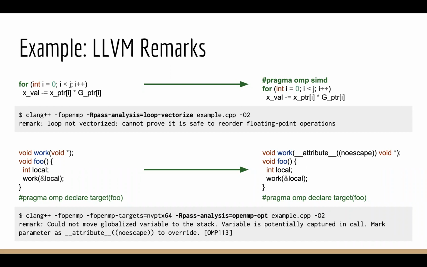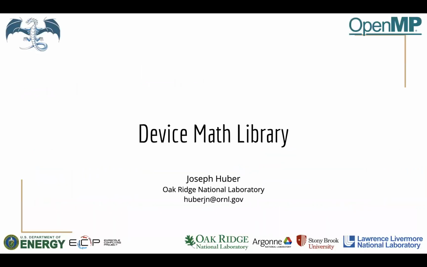So whereas this variable should be in thread private memory, because we have a call to a function that we can't analyze, we just assume that we can't do that deglobalization optimization I mentioned previously. But if you enable the RPass analysis, it will give you a warning on this saying that it couldn't do this transformation, and it will tell you to use the no escape attribute, and then you can do that and solve the problem. So next slide, please.